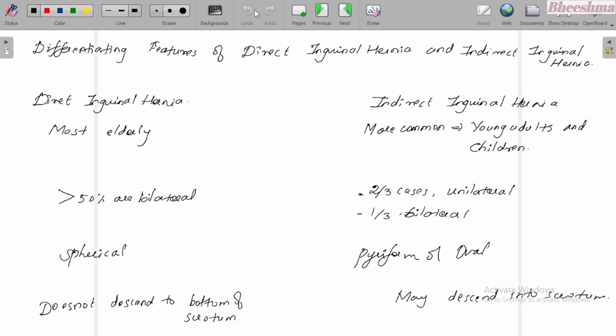These are the main differentiating features of direct inguinal hernia and indirect inguinal hernia.